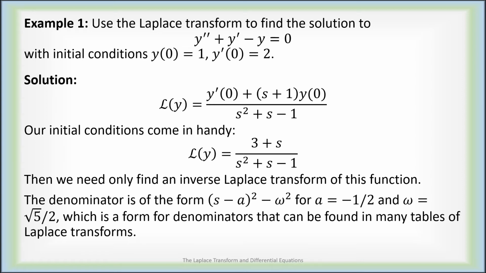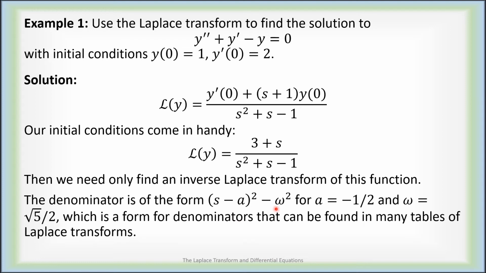The denominator is already of the form s minus a squared minus omega squared, if a is equal to minus 1/2 and omega is root 5 over 2. This is a denominator, s minus a squared minus omega squared, that can be found in many tables of Laplace transforms. I would note, this denominator does have real roots, so you can do partial fraction decomposition.